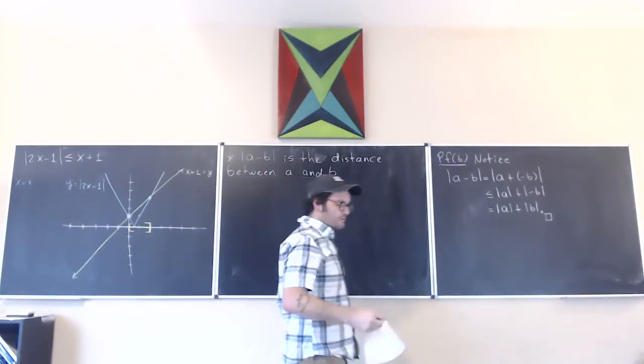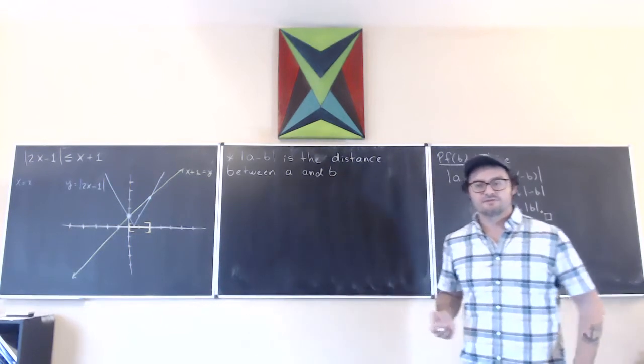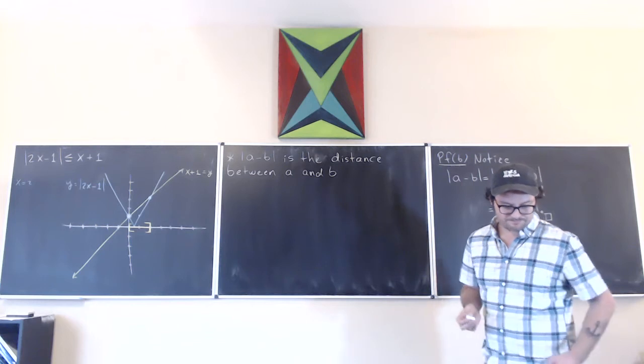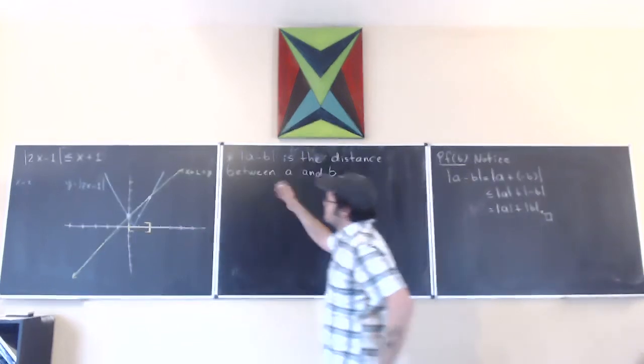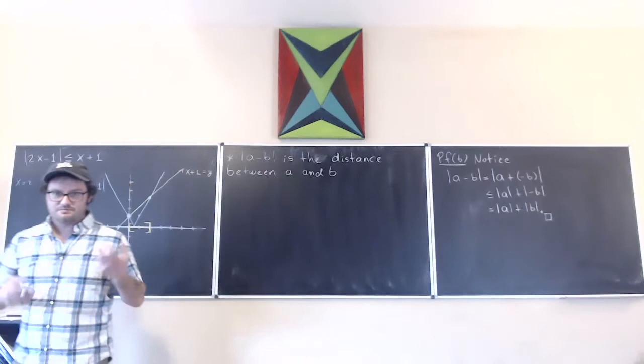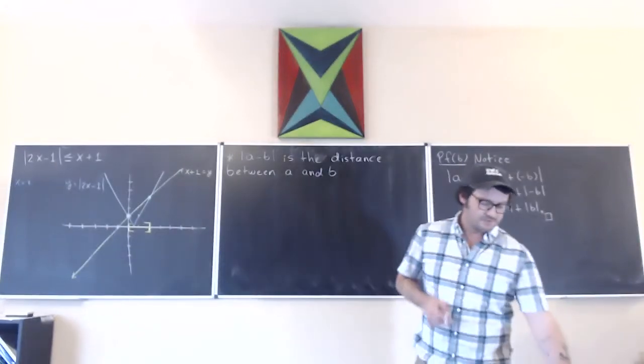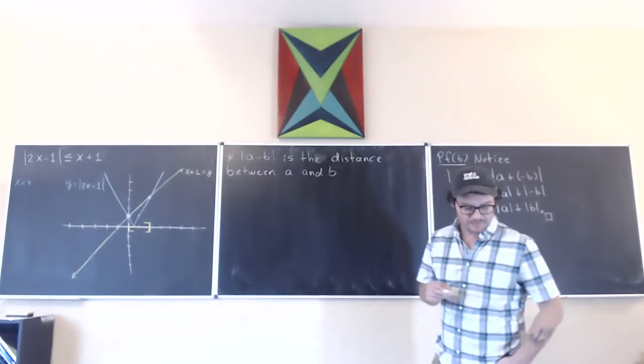So that's the more general idea that I mentioned at the beginning of class. Okay, so keep that in mind. Whenever you see absolute values of the difference, think distance between those two numbers. And never forget that, especially in this course.